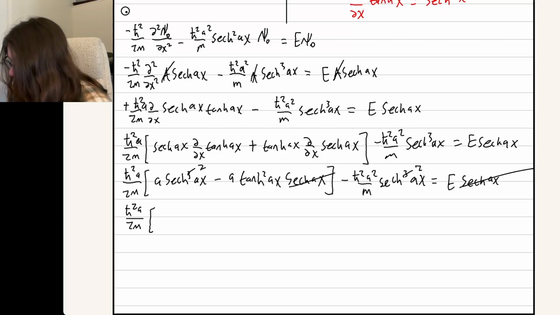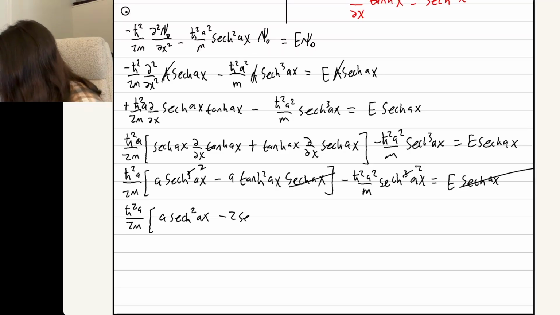So we have a sech squared ax minus 2 sech squared ax. Also factor out an a, so I don't have to write this a here. And then plus, no, this is still minus tanh squared ax equals E. And so carry out that subtraction and then factor out a minus sign.